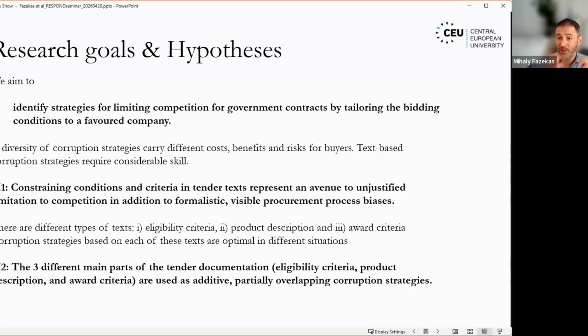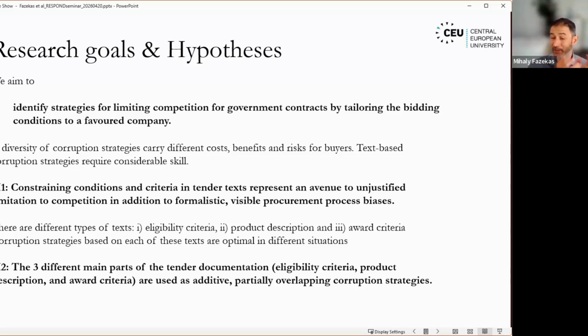Hypothesis number two is that actually there is a fairly complicated decision tree going on here, which is the different eligibility criteria, product descriptions, award criteria. They can be used in different combinations, if you like, additively, to create effective corruption strategies, effective from the perspective of the corrupt. Okay, so this is super interesting, right? So if you can tailor the eligibility criteria to the company who has connections to the buyer, then no need to manipulate the procedure type, no need to manipulate the award criteria, and so on and so forth.